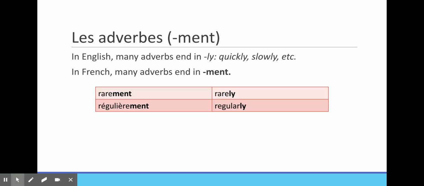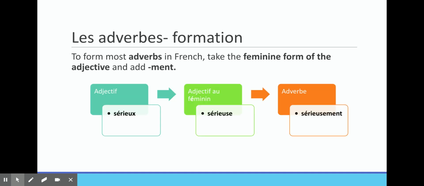So adverbs in French usually end in ment, which is equivalent to the ly in English that I've talked about before. So to take an adjective and make it an adverb in French, or a way to acknowledge that it is an adverb, is to add ment onto the end. So how to form them?